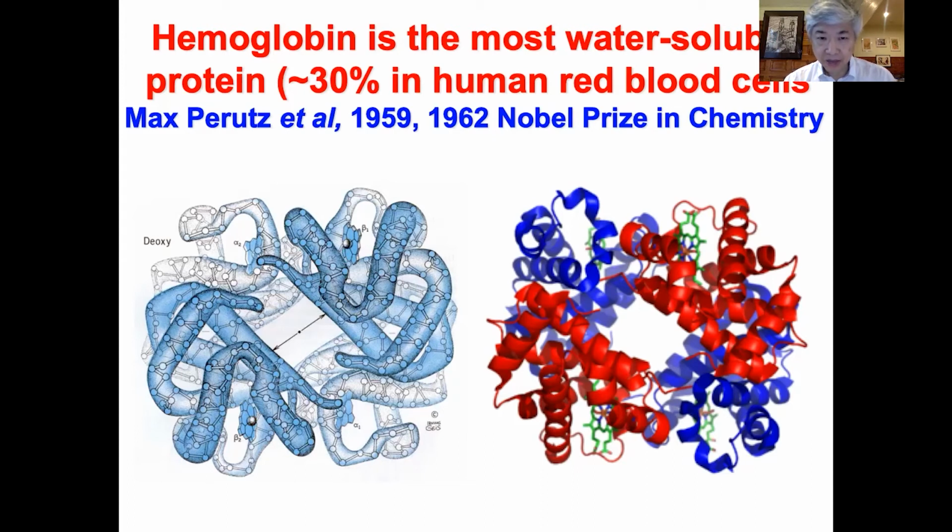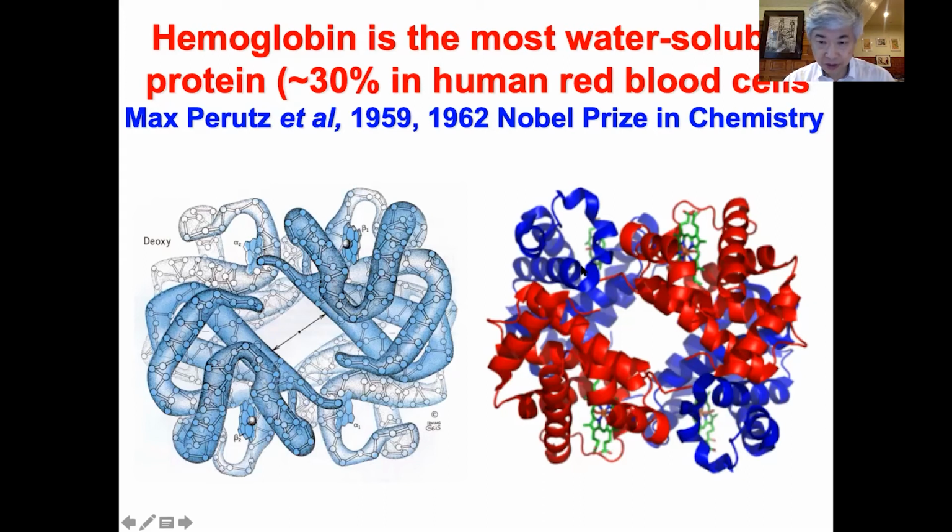It is about 30% of the protein in human red blood cells, a tremendous amount of protein in the cell. The person who determined the structure, published in 1959, spent 27 years working on it: Max Perutz, who won the Nobel Prize in chemistry in 1962. The same year, Watson and Crick won the Nobel Prize in medicine.